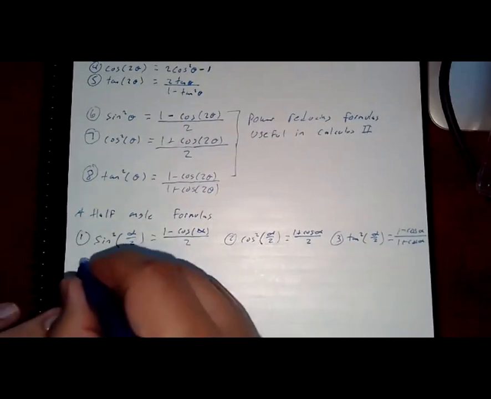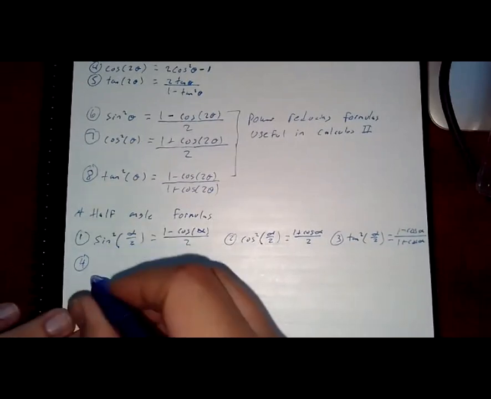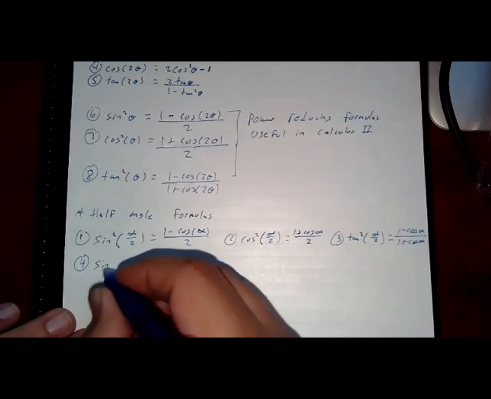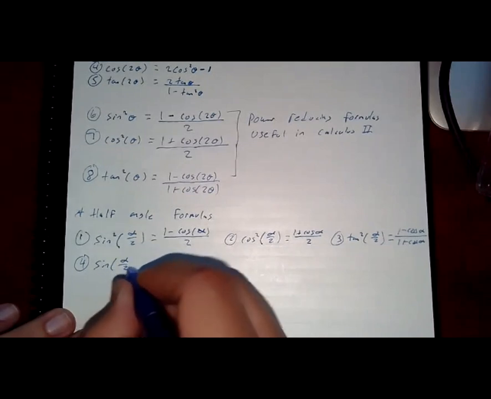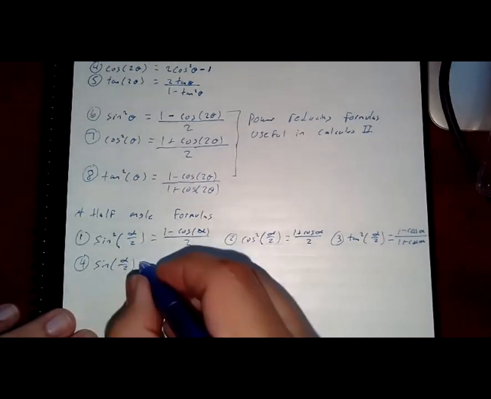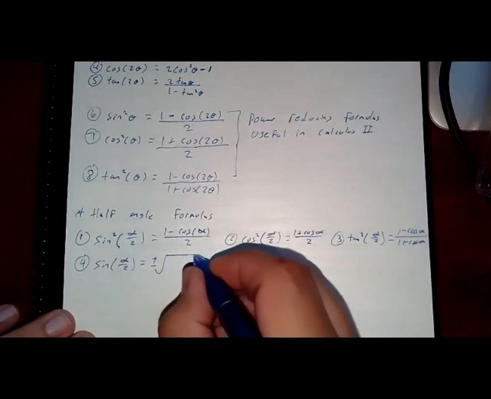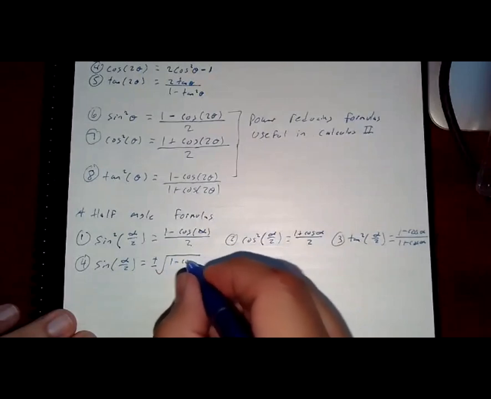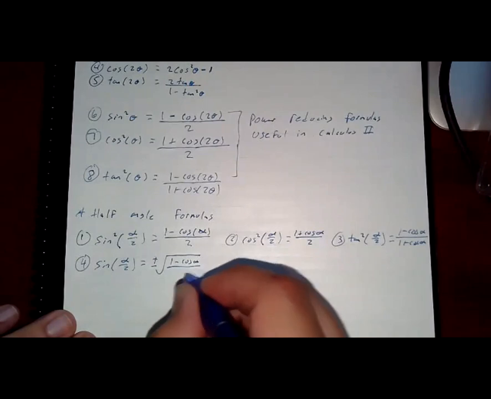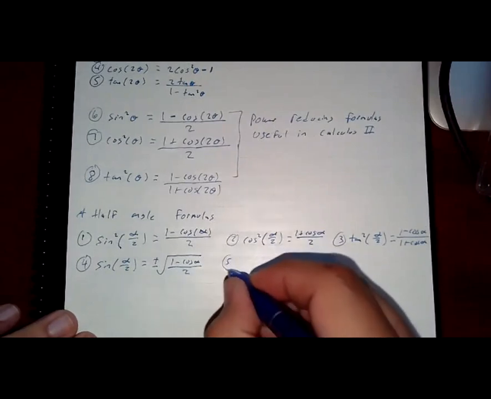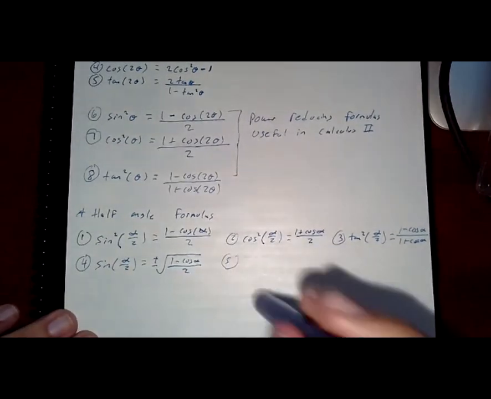Okay. Number 4, sine alpha over 2 is equal to plus or minus the square root of 1 minus cosine alpha over 2. I think I can put them going downward.